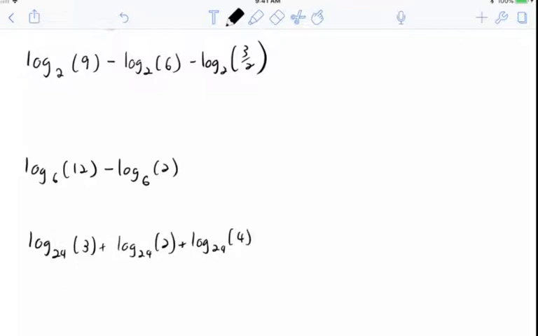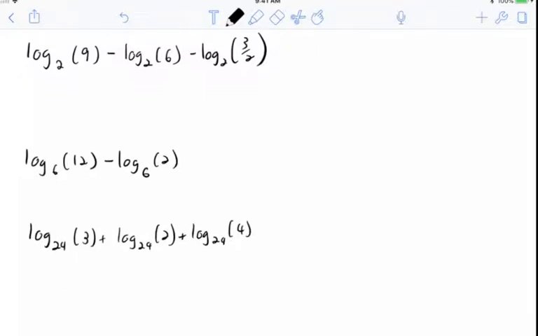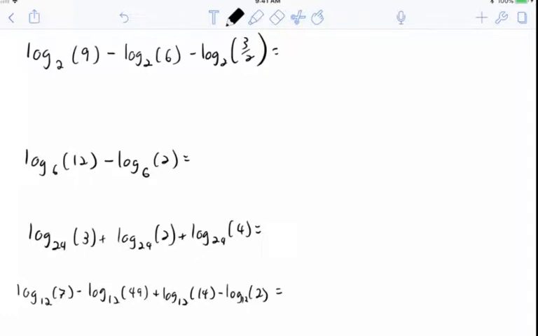And heck, while you're at it, how about one more for the road? Log base 12 of 7 minus log base 12 of 49 plus log base 12 of 14 minus log base 12 of 2. All of these are ones that I chose specially just as a form of practice. But all of these are logarithms that we can evaluate even without a graphing or a fancy calculator or any type of calculator. So I combine them together.